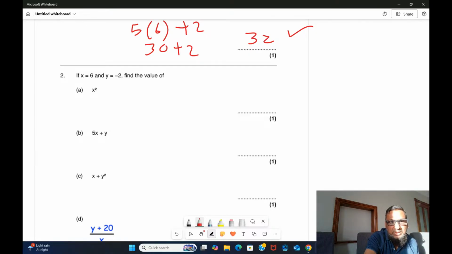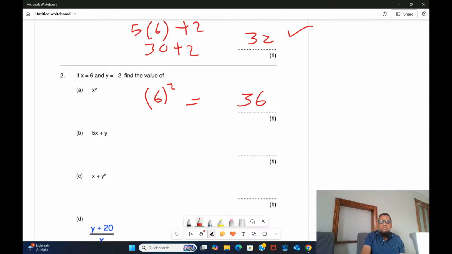Very simple, we need to substitute the value of x. So 6 squared is 6 times 6, which is 36. Substitution means you are replacing the value. So now it's 36.